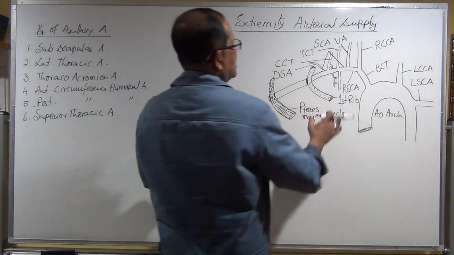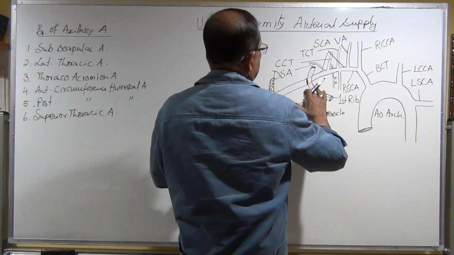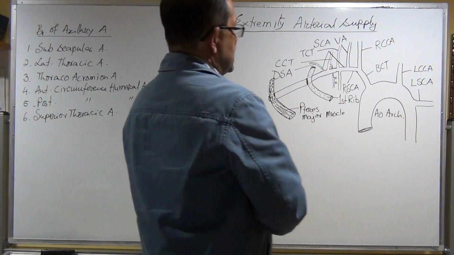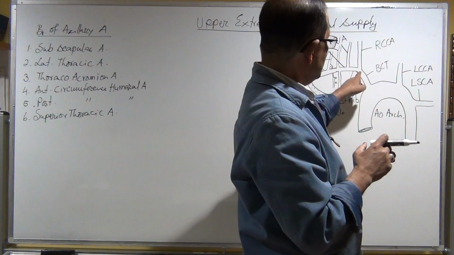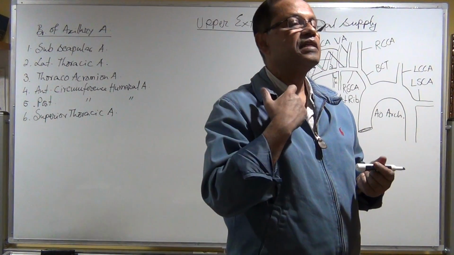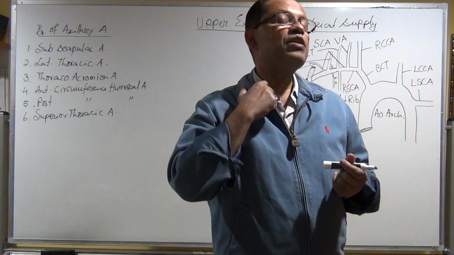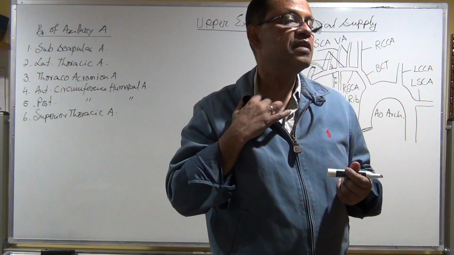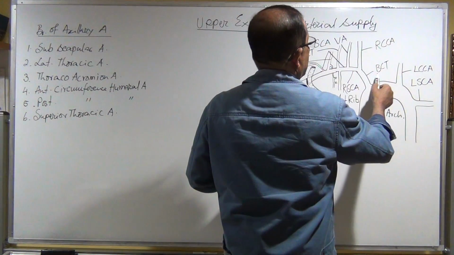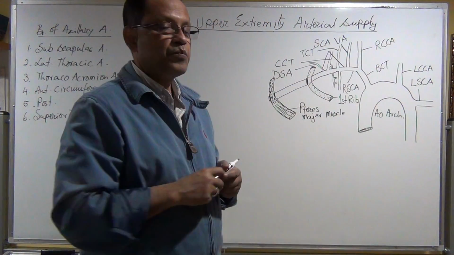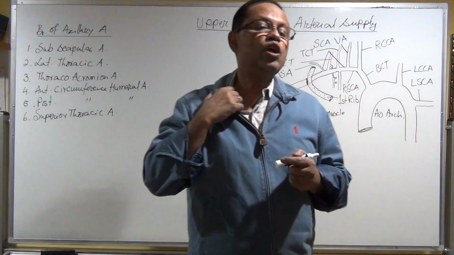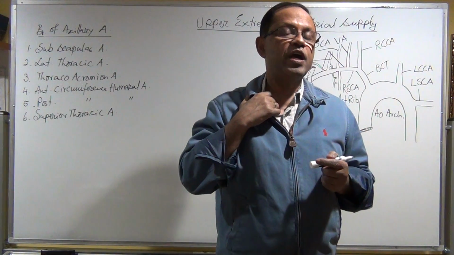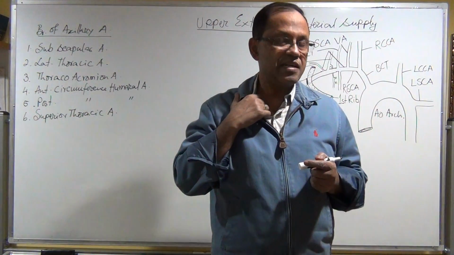So now we get the anatomical landmark. The subclavian artery ends at the outer border of the first rib, but it arises behind the right sternoclavicular junction, right here. Behind the junction, the brachiocephalic trunk splits. And it is also at the lateral border of the scalene anterior muscle.